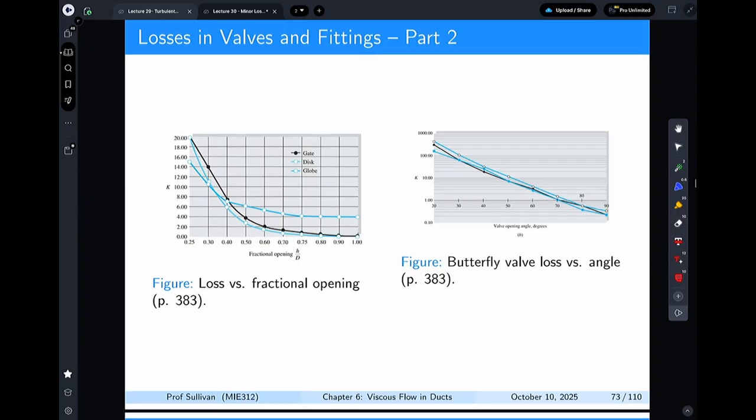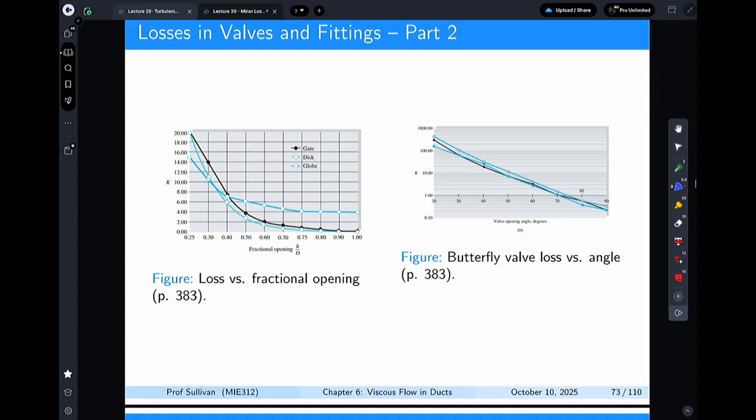Now, as you go through all of this, and as you look at all of these numbers, you're going to have a whole bunch of values, or tables, where you have K and things like valve opening or fractional opening.